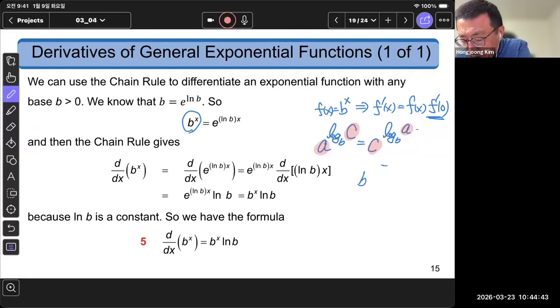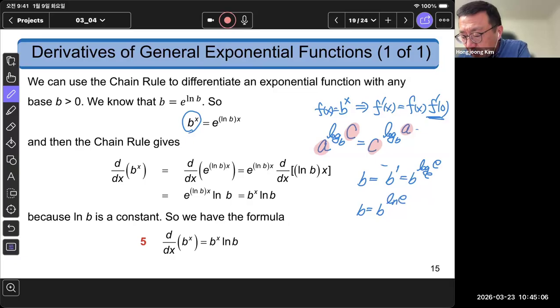So b is b to the 1, and that is b to the log e with the base e, which is 1. In other words, b is the same as b to the ln e.